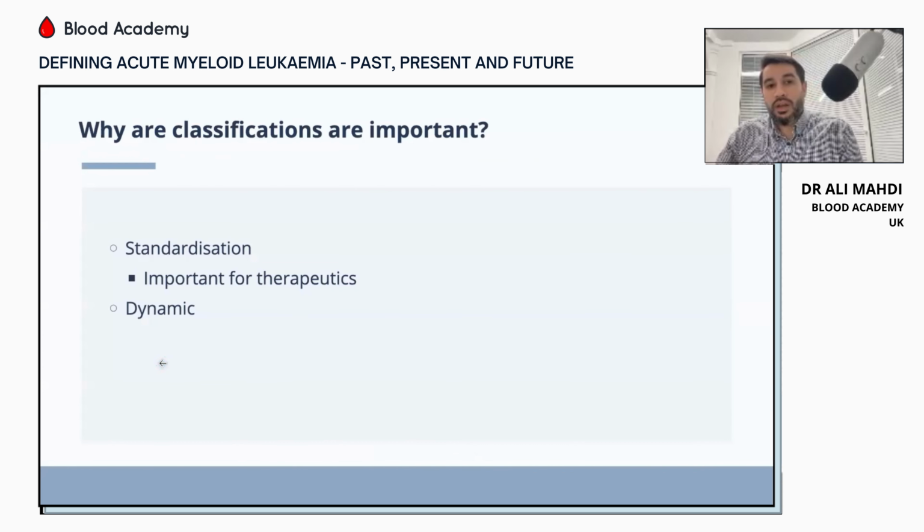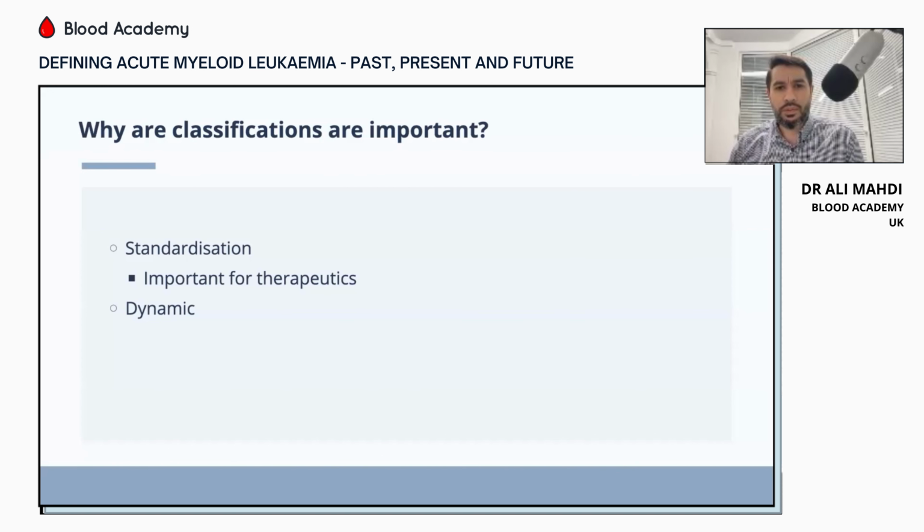So why are classifications important? Well, they're very important because they allow us to standardize various different aspects of the diagnostic process. If we diagnose a patient in the UK or in the US, then really we need to have some sort of standardized process to ensure that the therapy that is delivered to that patient is effective for that disease.